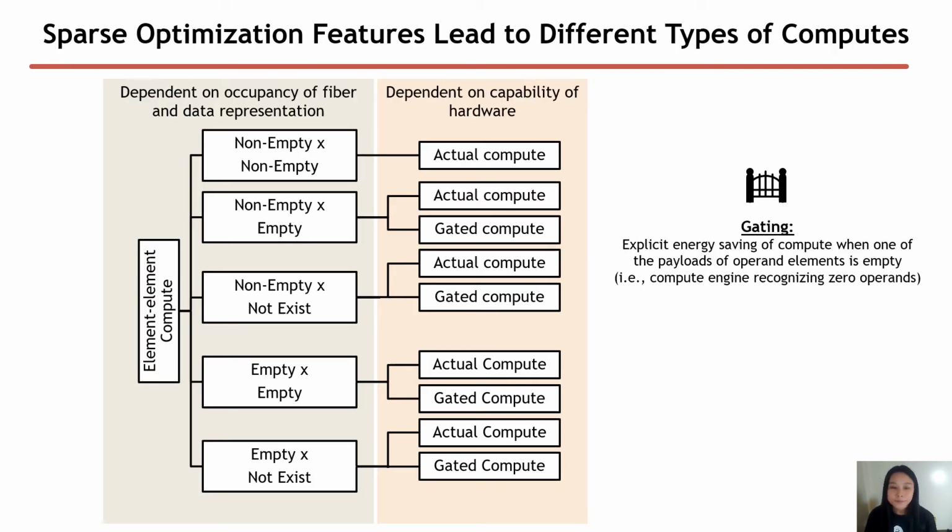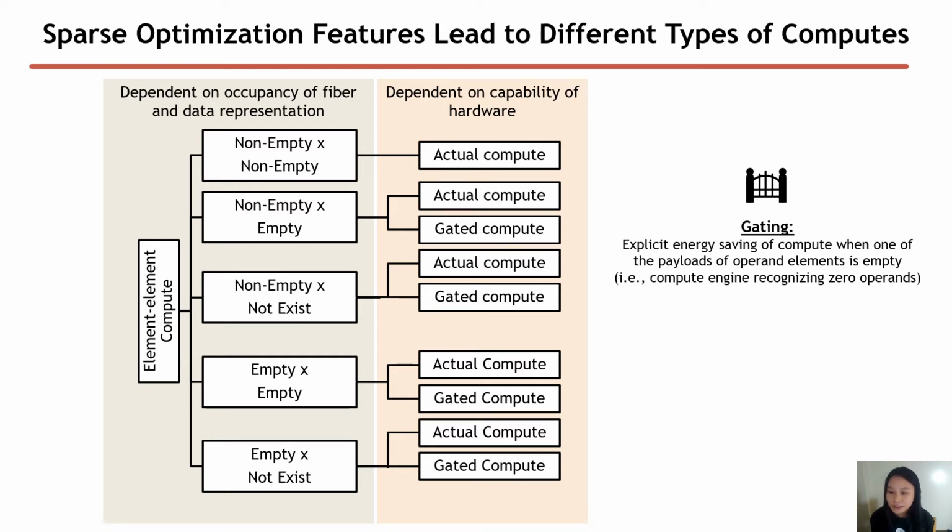Okay, again, sparse optimizations will lead to different types of compute. Essentially, it will reduce the computes that happen and turn that into a compute that really doesn't spend any energy. So let's look at this specific sparse optimization, which is gating.